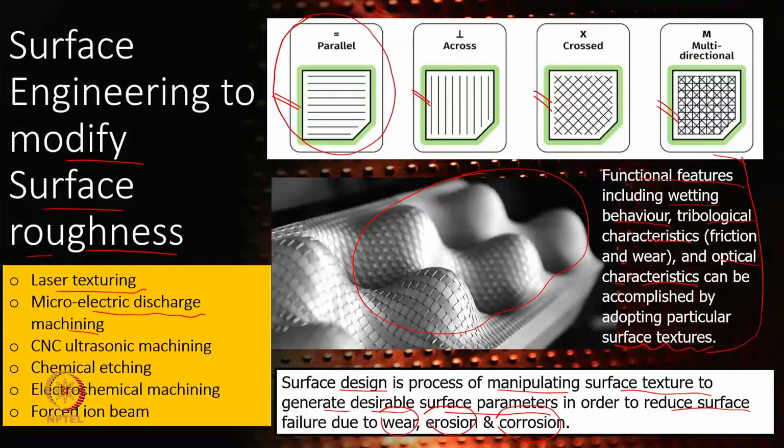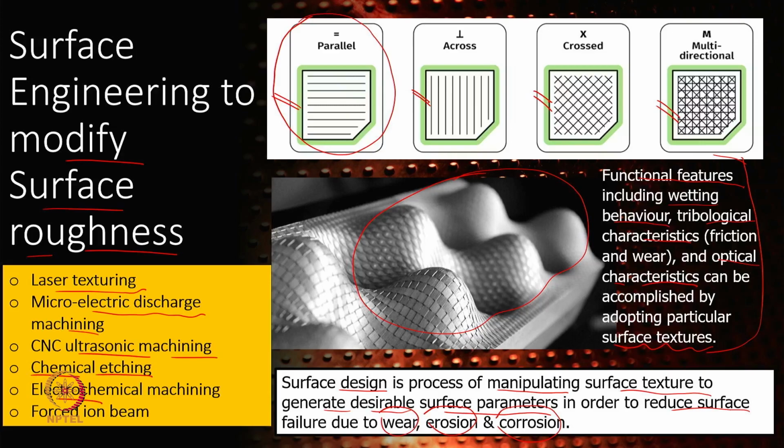What we are talking about in manufacturing is now something like micro manufacturing. Can we go into micro manufacturing? Laser texturing is one of the micro manufacturing processes. Micro electric discharge machining is a micro manufacturing process. CNC ultrasonic machining is a micro manufacturing process.